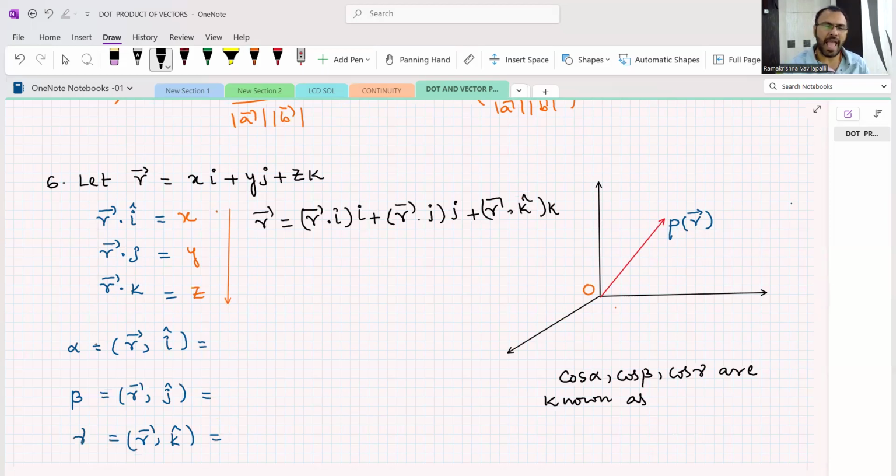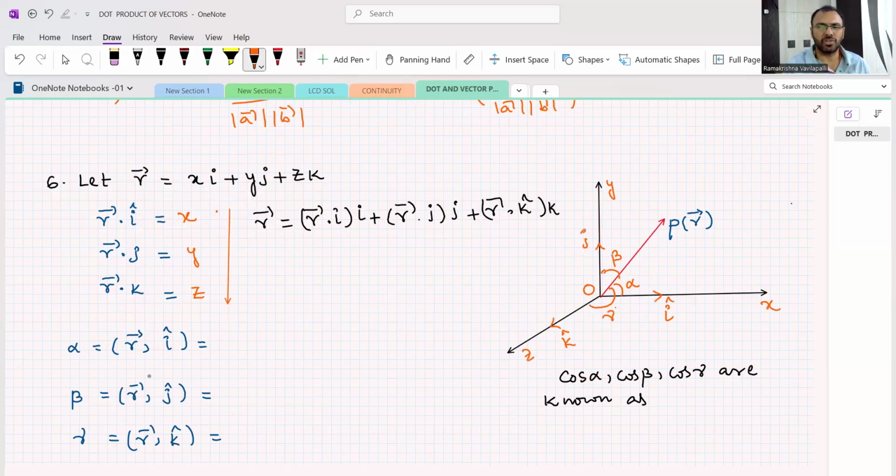If alpha is the angle between r bar and i cap, that is the angle between the vector r bar and the x axis. The angle between r bar and the y axis is beta. Along the x axis you take i cap, along the y axis j cap, along the z axis k cap, and assume this angle is gamma.